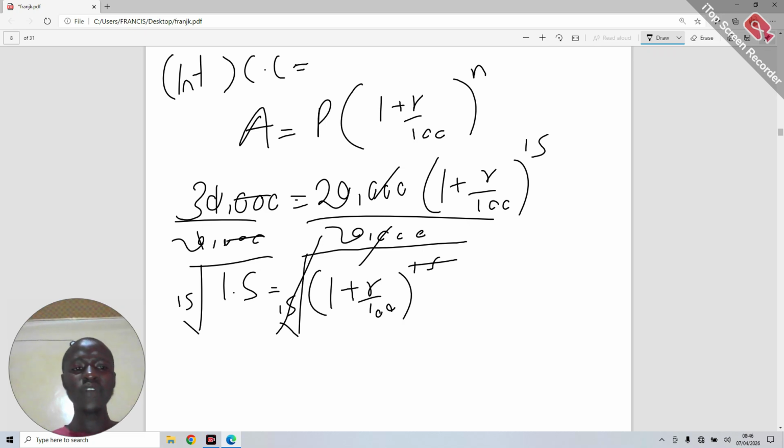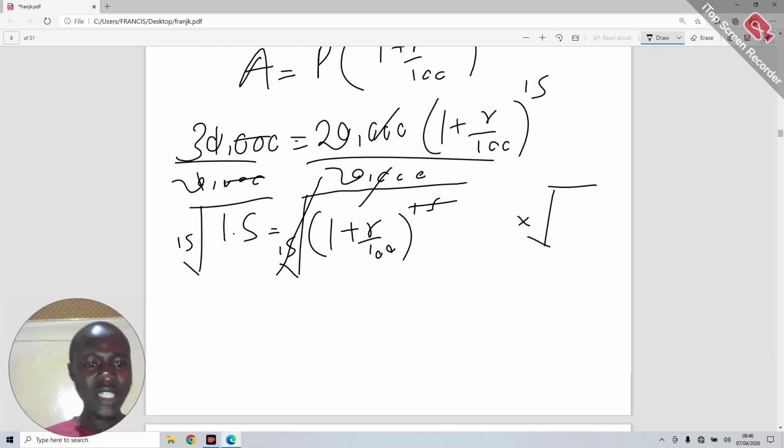So how do I press the 15th root in my calculator? Press 15, shift, then this symbol. I've been telling you now and again, that symbol is there in your calculator. Just observe it very keenly and you'll see. Then press 1.5.